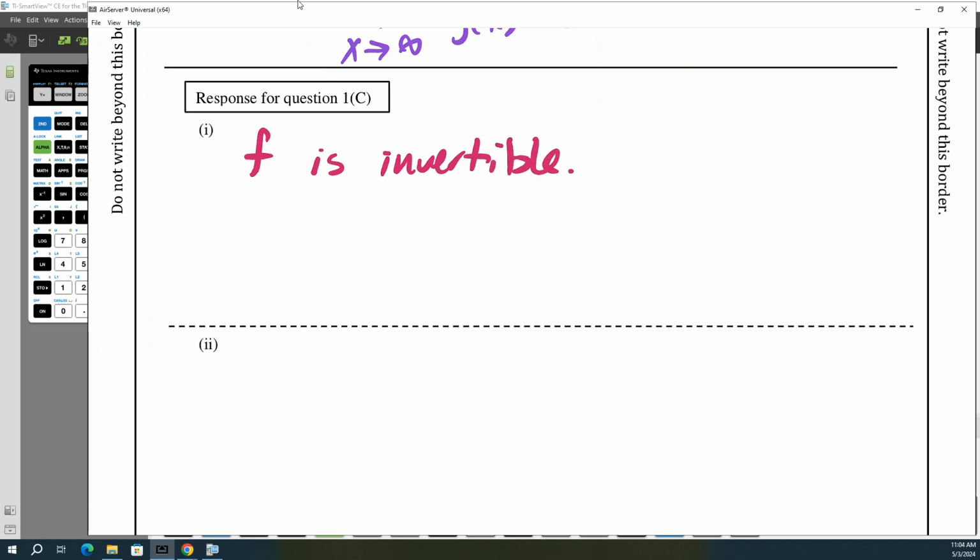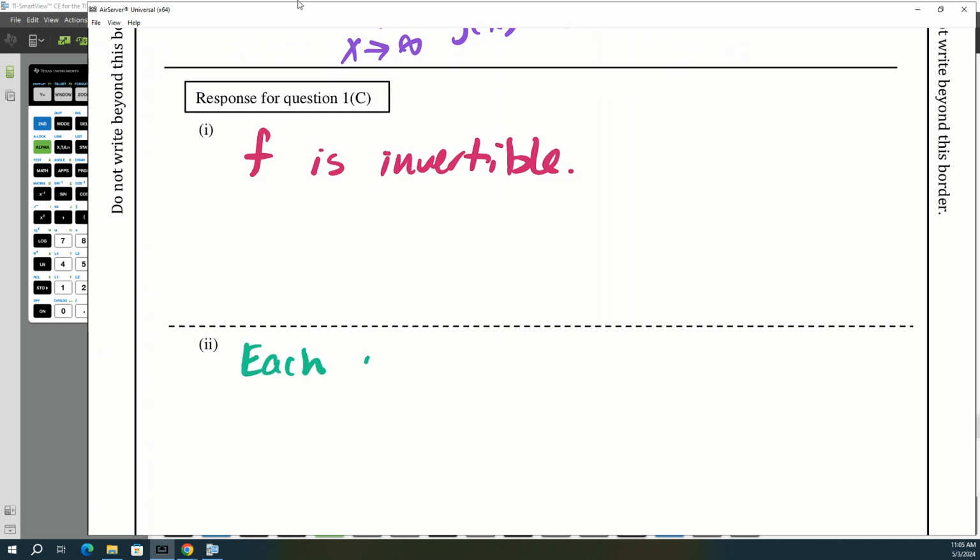And they were very specific that the reason cannot be that the function passes the horizontal line test. The reason cannot be that the function is 1-to-1. It has to talk about output and input. It doesn't say you have to talk about output and input, but we do. You're not going to have this memorized, like you have the equal length, all that memorized, because we just haven't done it. Hopefully by the actual test, you're going to feel good about this.